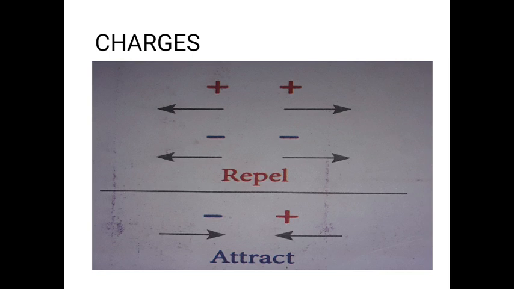This amount of charge is possessed by each proton and electron, so this value belongs to both. But proton has positive elementary charge, electron has negative elementary charge. Since protons and electrons are equal in number, the atom is electrically neutral.